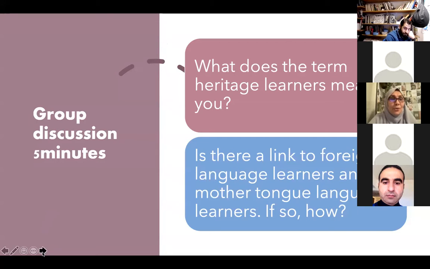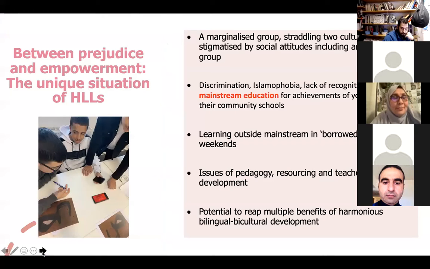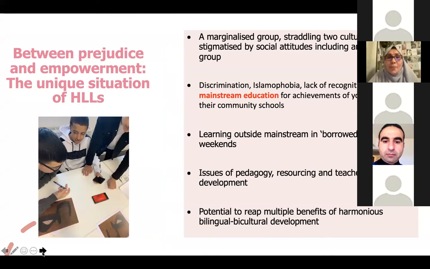If we can move on to talk about the heritage learners, please. Thank you so much. So let us talk about what is the unique situation of these heritage language learners. What is unique about them?